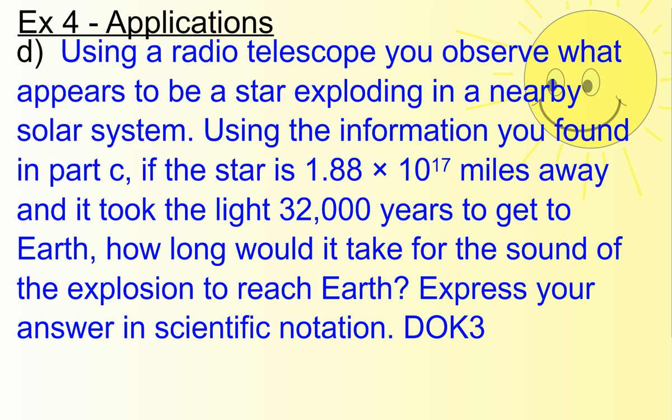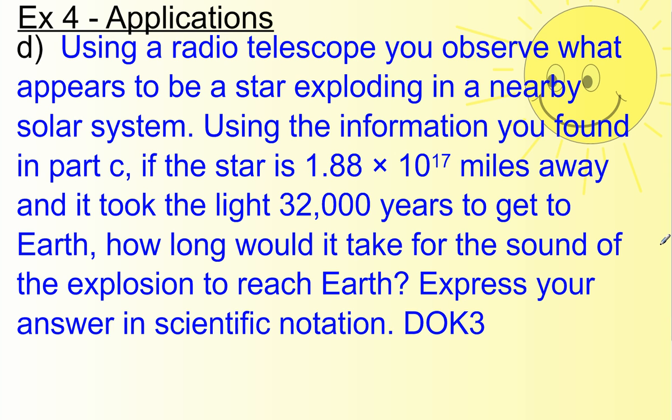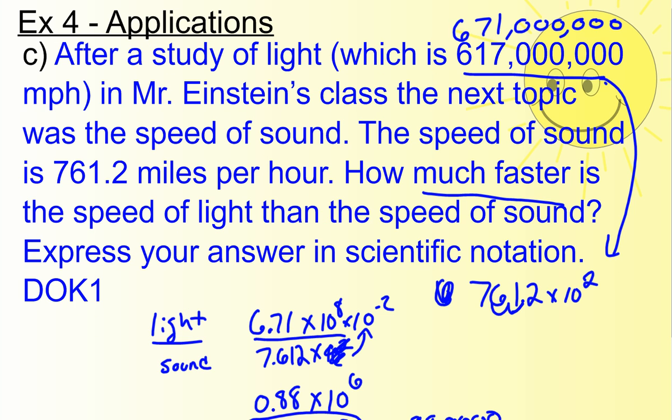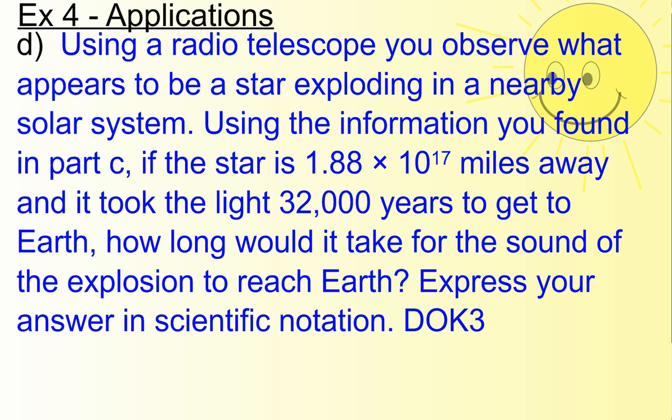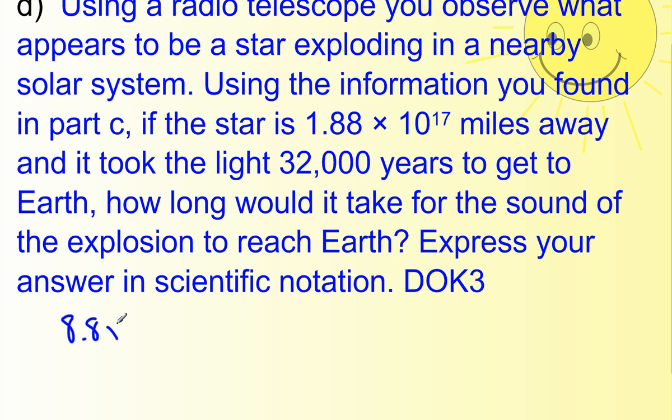Alright, so using information from part C, which means back here we know that the speed of light is this much faster than the speed of sound. So 8.8 times 10 to the 5th faster. And since it took the light 32,000 years to get to Earth, that means it would take the sound 8.8 times 10 to the 5th times longer to get to Earth.